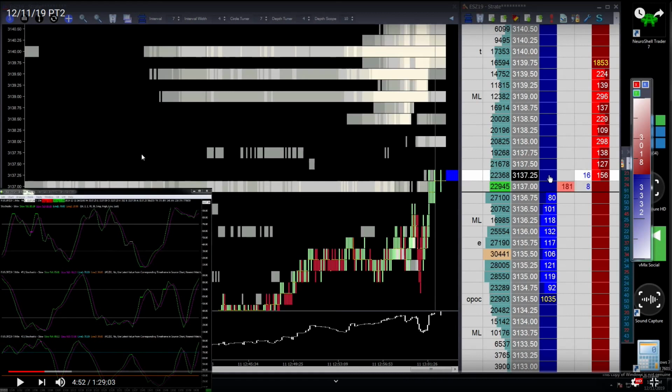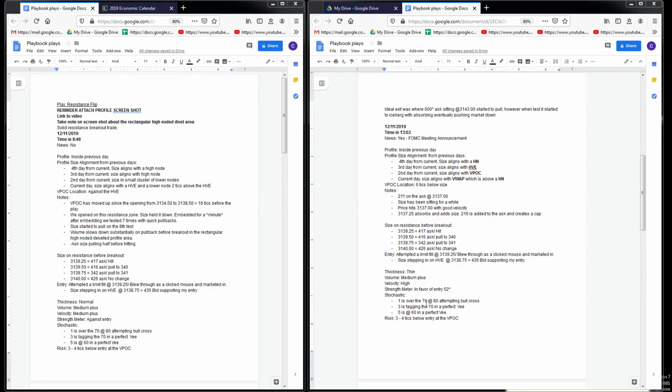Stochastics down here. The 1 minute is over 70 at 80, attempting 80 crossing. So it's at the 80 and upward position.